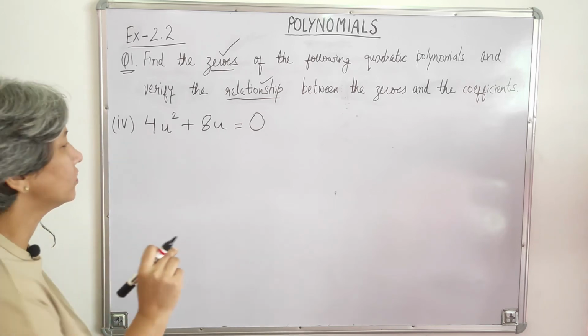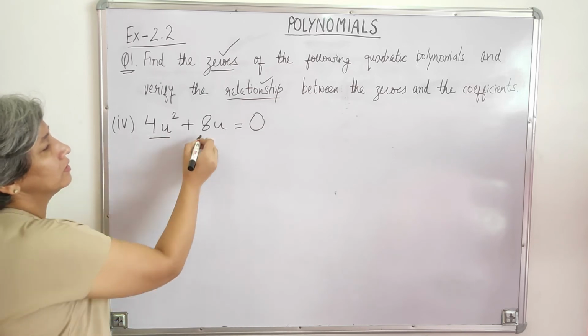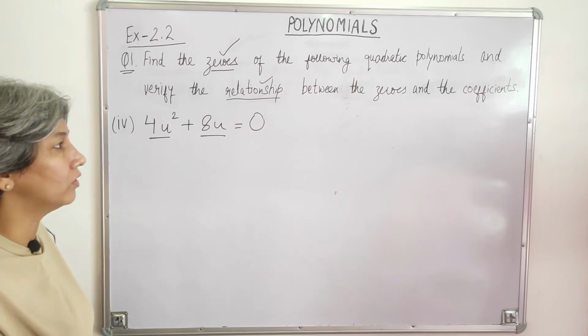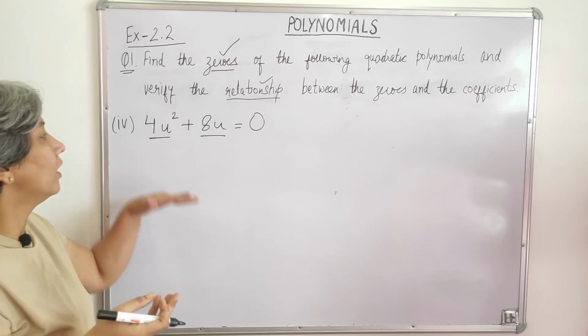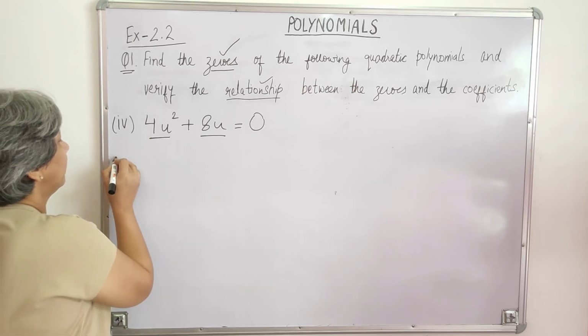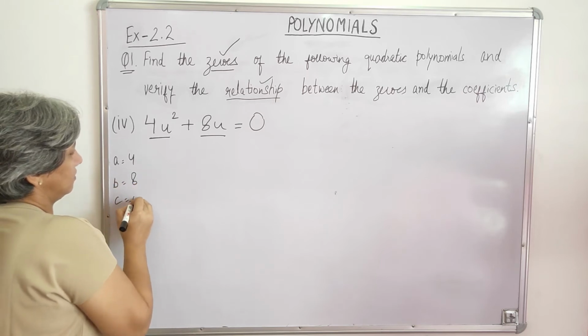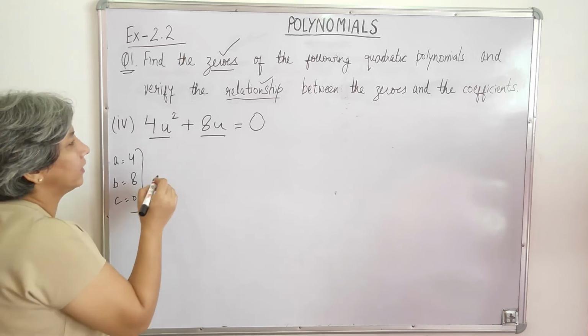It is, just with a little difference: ax square is this, bx is this, and there is no constant term, c is 0. So a is 4, b is 8 and c is 0. It's a normal quadratic polynomial, right?